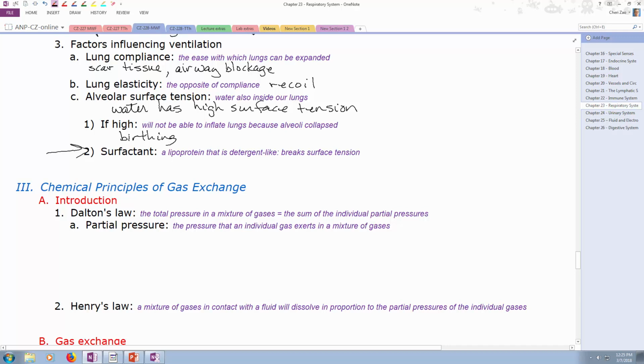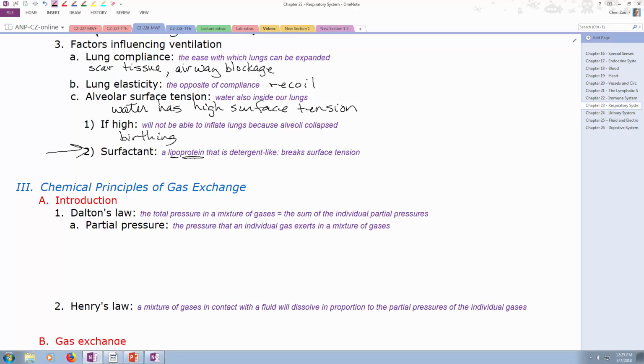Surfactant is a lipo, fatty protein that acts like a detergent in that it is designed to break down or minimize surface tension of water. So those type 2 cells in the alveoli have to be producing enough surfactant so that when we put a little bit of air in those wet balloons, they don't collapse when we're not forcing air into them. And the kids that don't have enough surfactant are our preemies, correct?